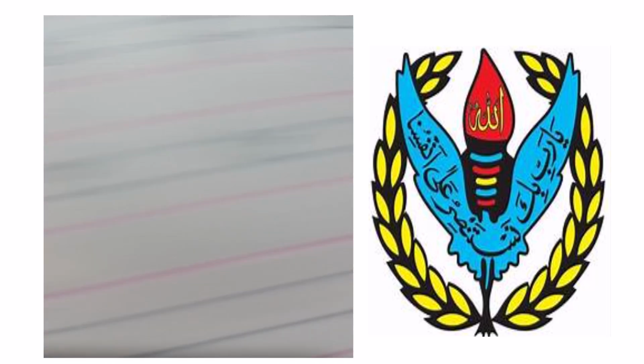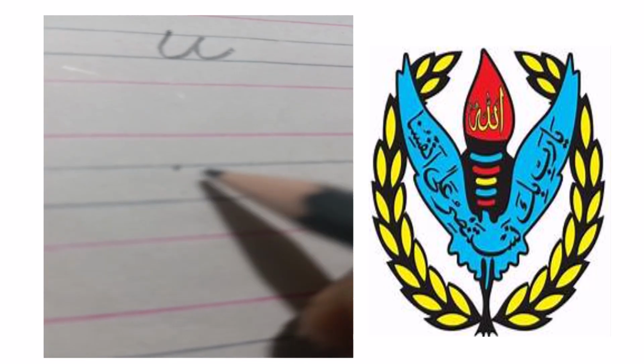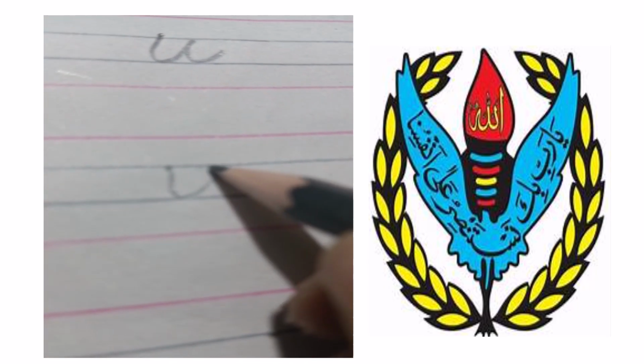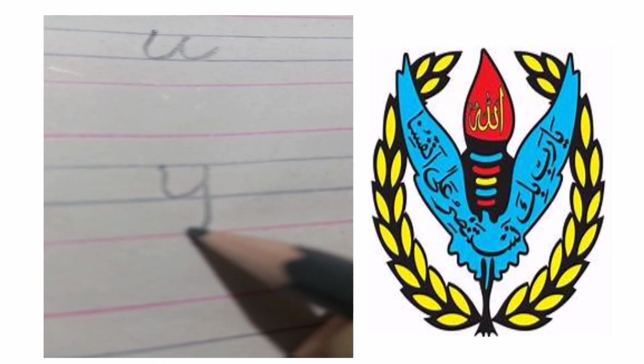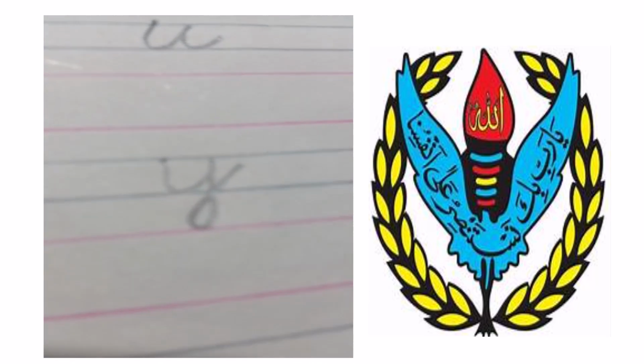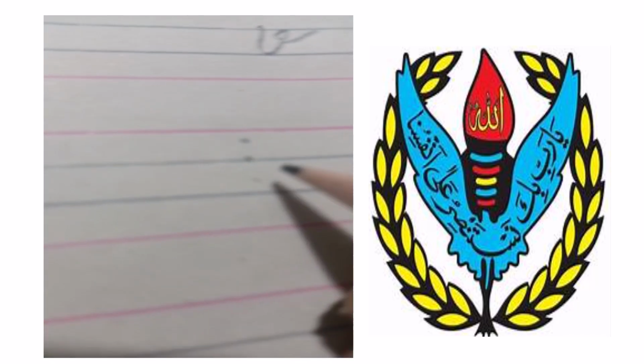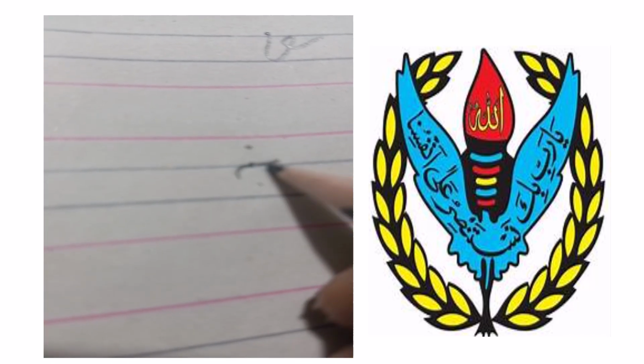X. Start writing like this. This is X. After X there is Y. Y. The last letter is Z.